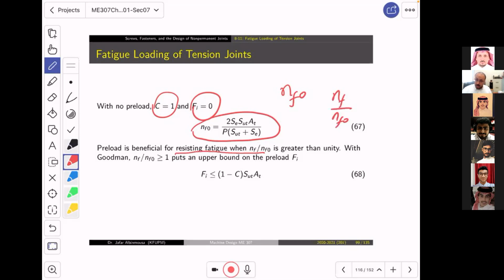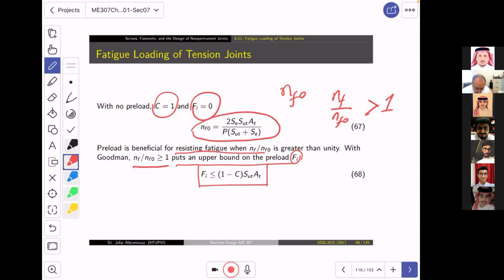With Goodman, again, because it's a tiny relation, when NF over NF0 is greater than 1, we can put an upper bound on Fi. It means that our Fi should be less than or equal to (1 minus C) multiplied by SUT AT. Now, this is another guideline for how much Fi should be based on fatigue.